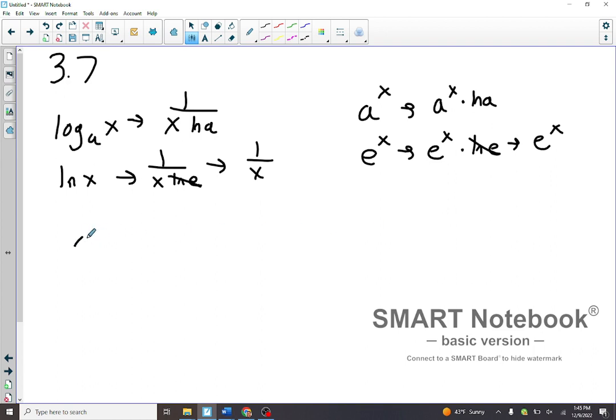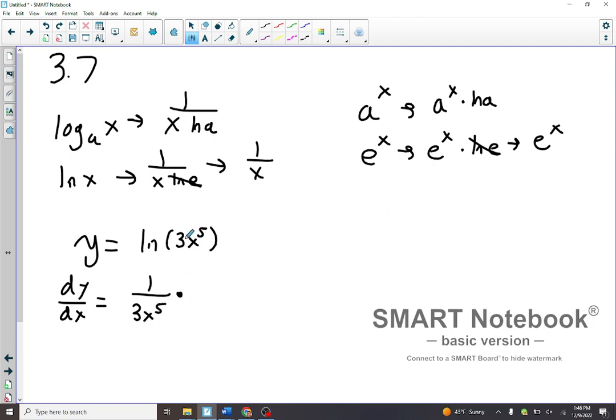So let's do a problem. Y equals ln 3x to the fifth. In this case, dy dx on the other side equals, this will become 1 over, ln is just 1 over, so I could just write 3x to the fifth.